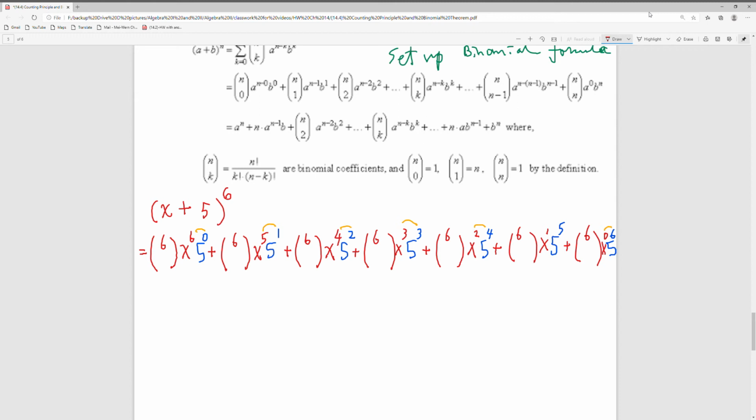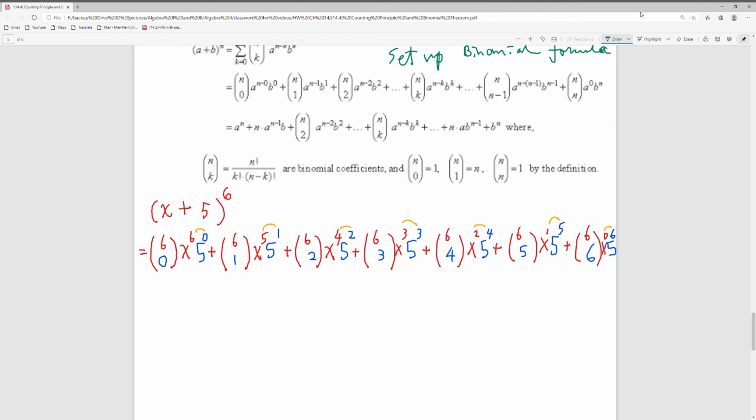So every term totally is 6 degrees. And then the choices, I follow the blue color: 0, 1, 2, 3, 4, 5, 6.